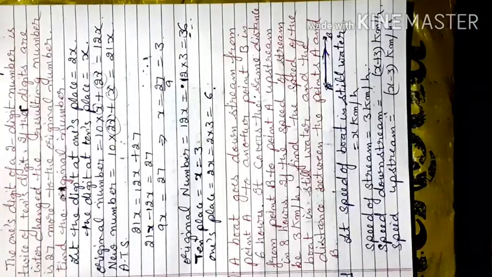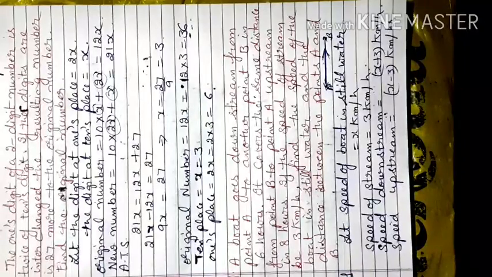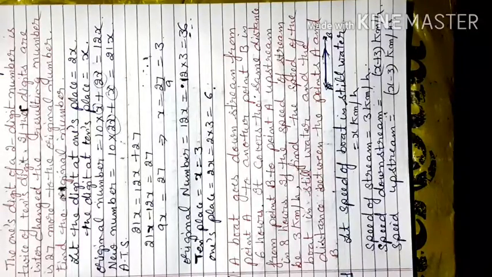That we consider as x kilometer per hour. Because if water is already flowing in a particular direction, and the boat is moving in the direction of the flow of the water, the boat speed is increased, because the speed of the stream is also added.